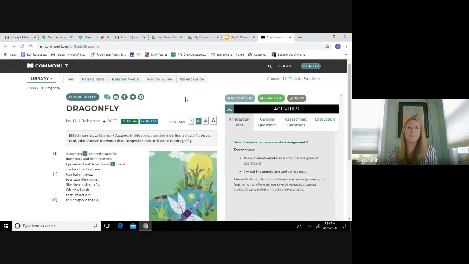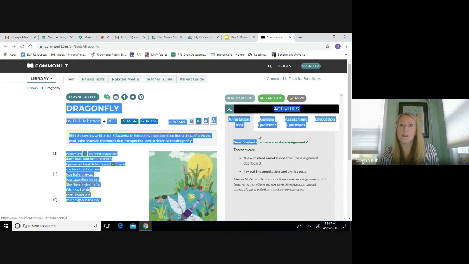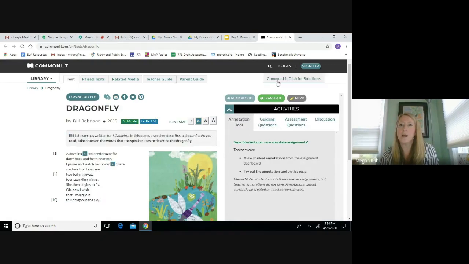This is what your assignment's going to look like. The poem is called Dragonfly by Bill Johnson. And you can see on the side there are guiding questions, assessment questions, discussion questions that you can complete either online or, like I said, you can print a copy and work on the copy at home.